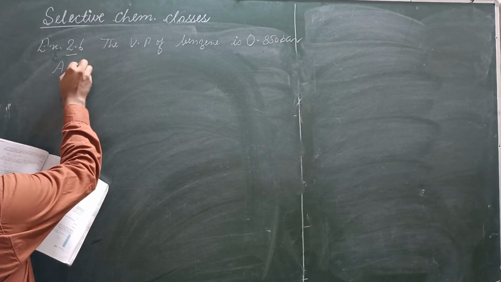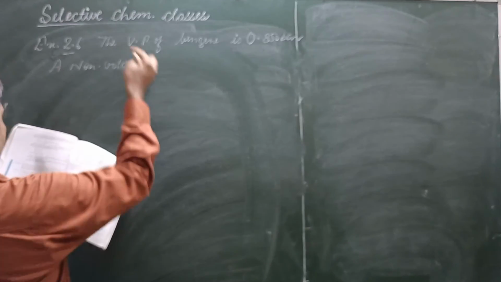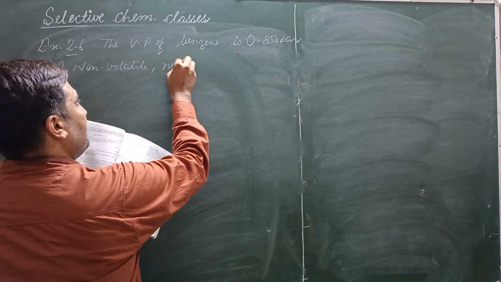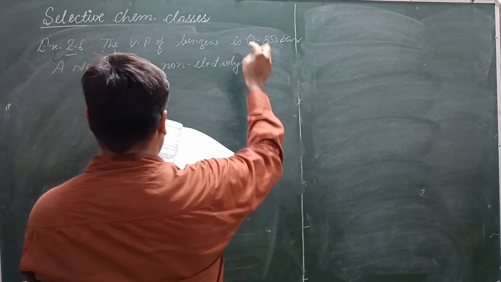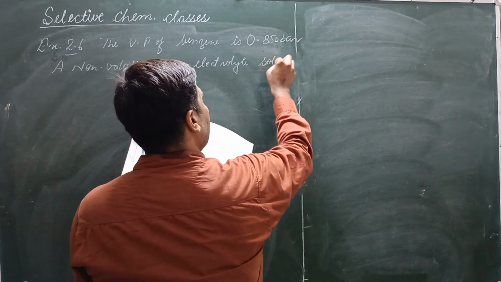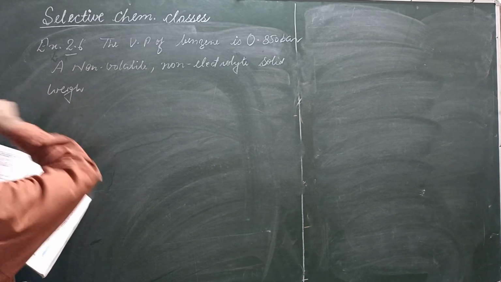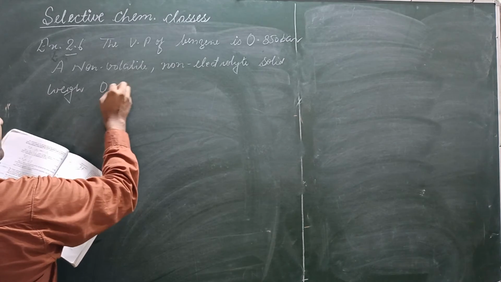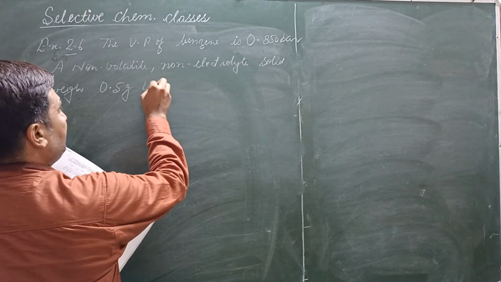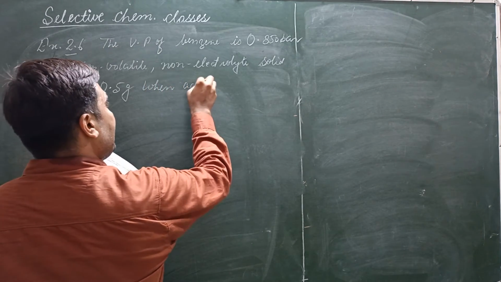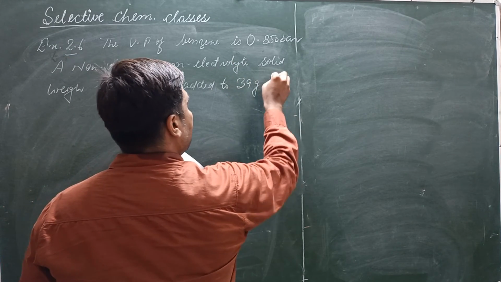In the question it is given that a non-volatile, non-electrolyte solid weighing 0.5 gram is added to 39 gram of benzene.